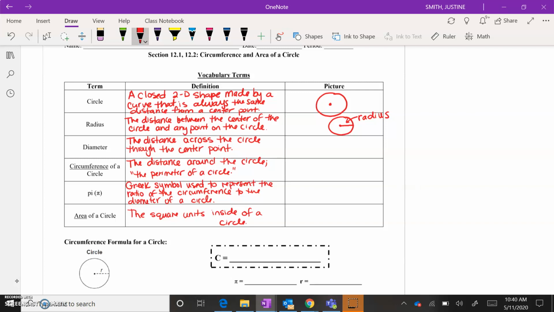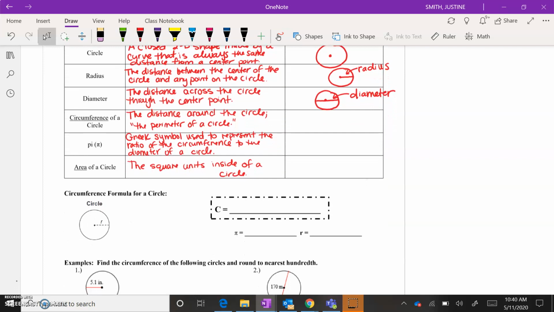And then the diameter is all the way across, going through the center point. So the distance across the circle through the center point, this would be my diameter. If you know the radius, you can always just double it to get the diameter.